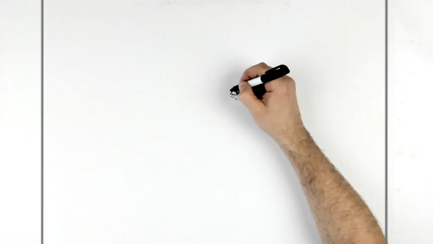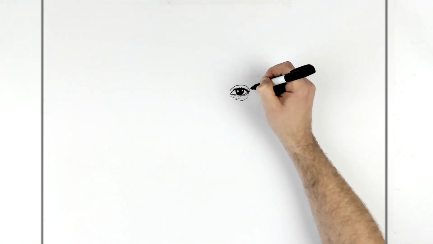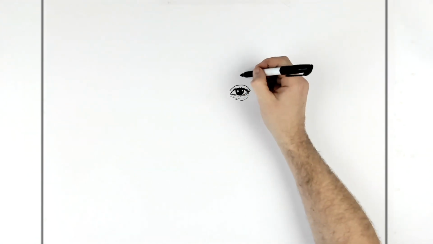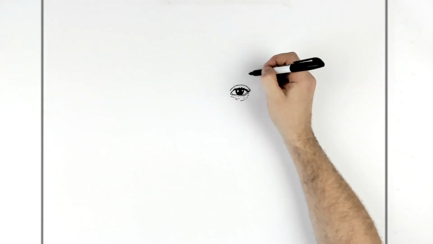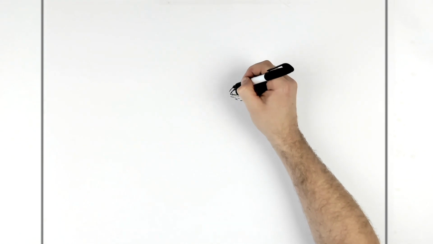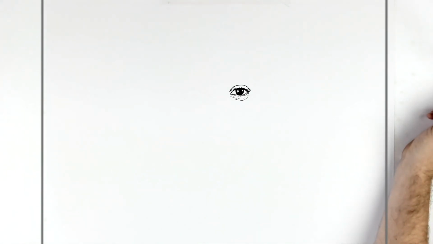Right, so then he's got a top eyelid line coming around like so. Right, kind of like that.